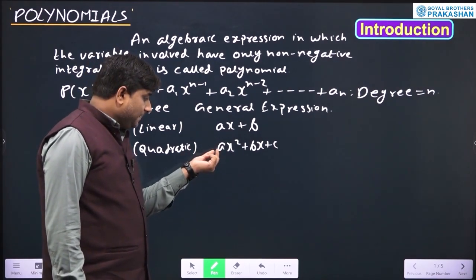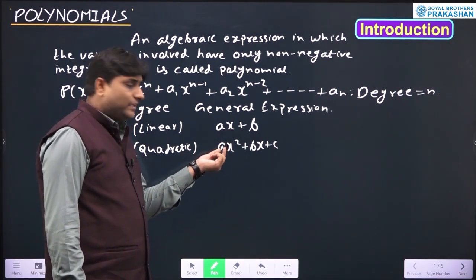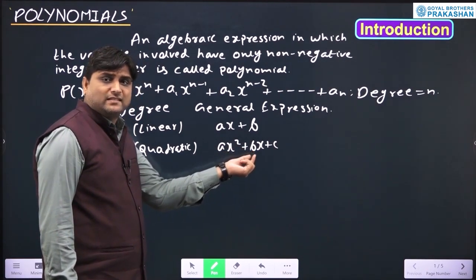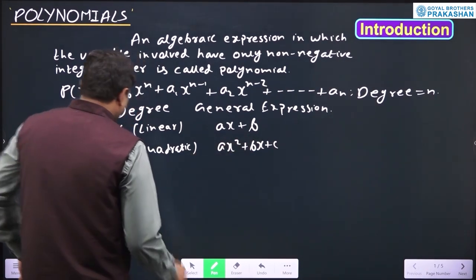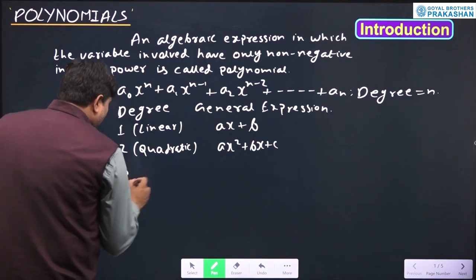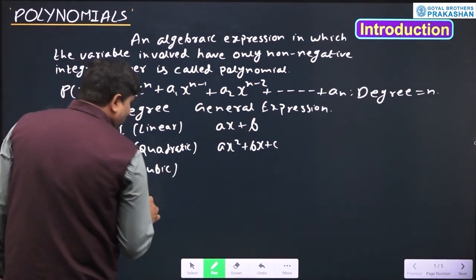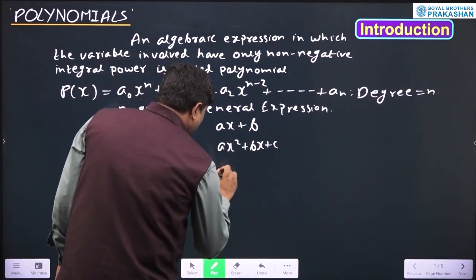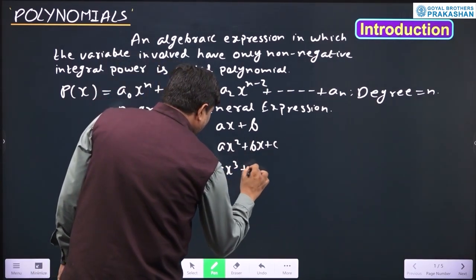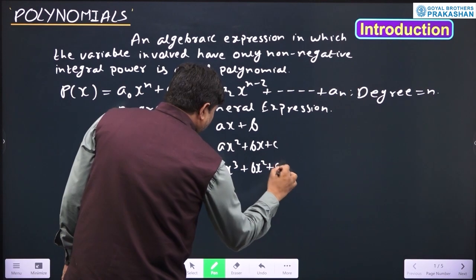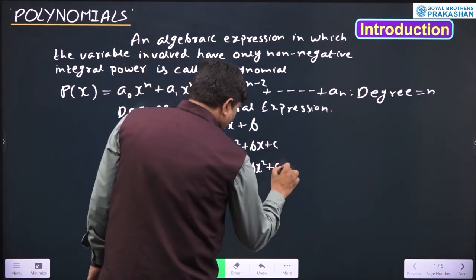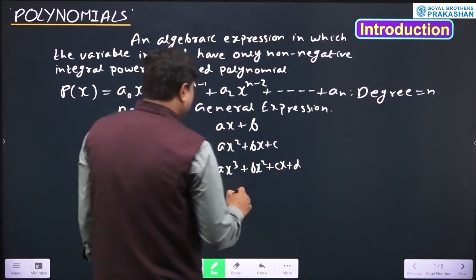In this case a is the coefficient of x square, b is the coefficient of x and c is the constant term. Now if the degree is 3, then the polynomial is called cubic and its general expression is ax cube plus bx square plus cx plus d.